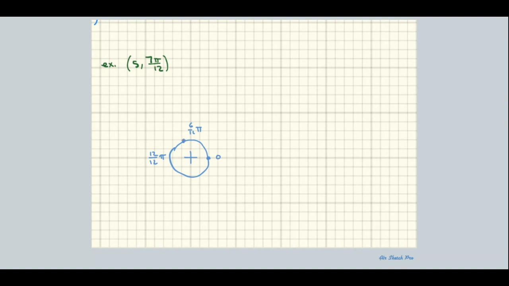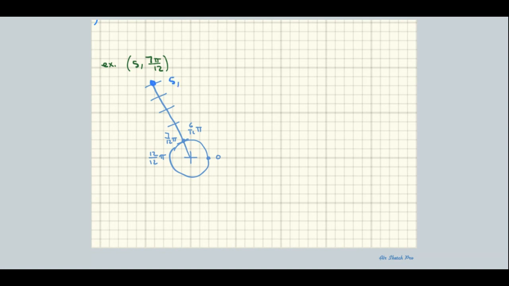Right there at 7 twelfths. Now I'm going to draw that ray coming up at 7 twelfths, and now I'm going to mark off r equals 1, r equals 2, 3, 4, 5. And there's my point.